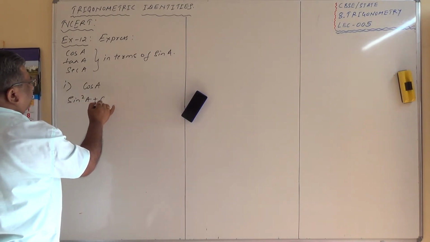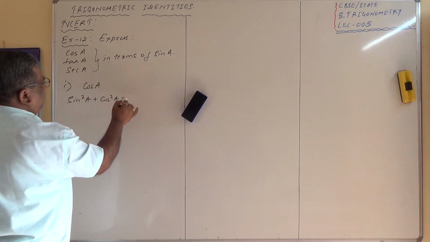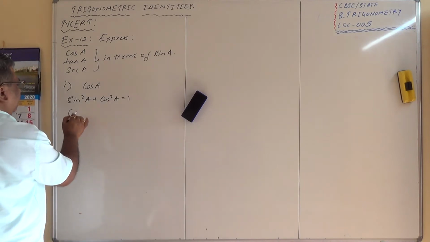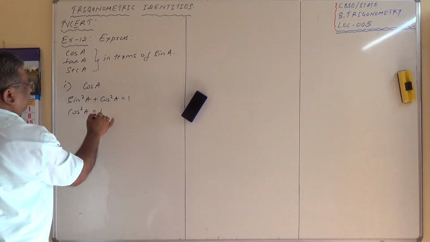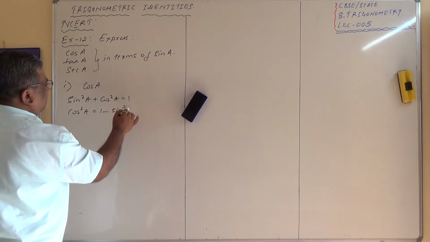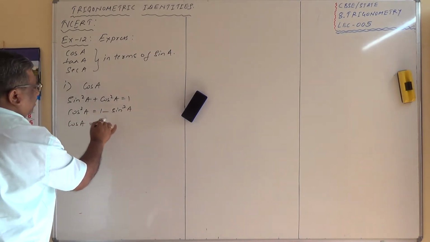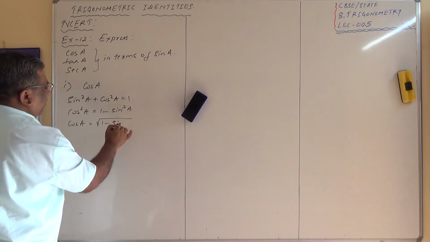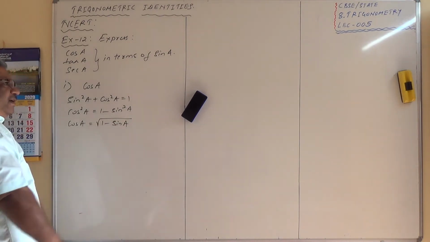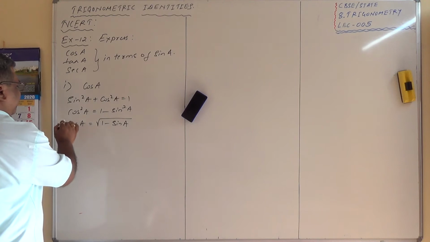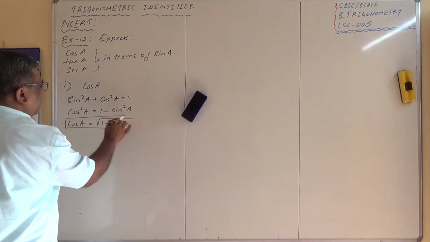Sin square A plus cos square A equals 1. Cos square A equals 1 minus sin square A. Therefore, cos A equals under root of 1 minus sin square A. This is what we have already derived. So we expressed cos A in terms of sin A.